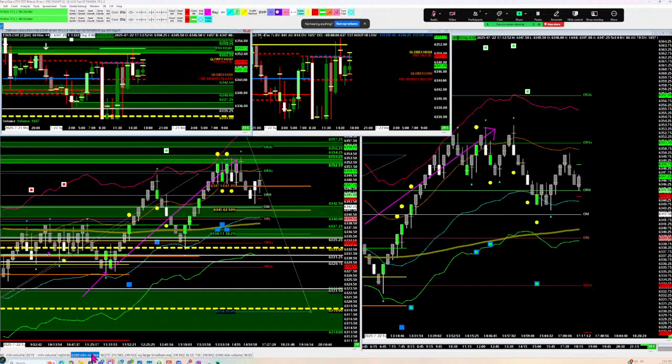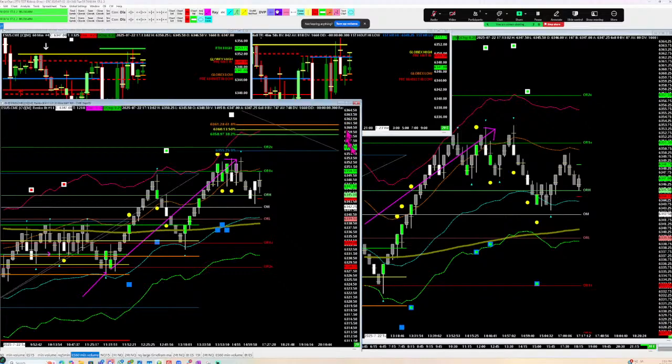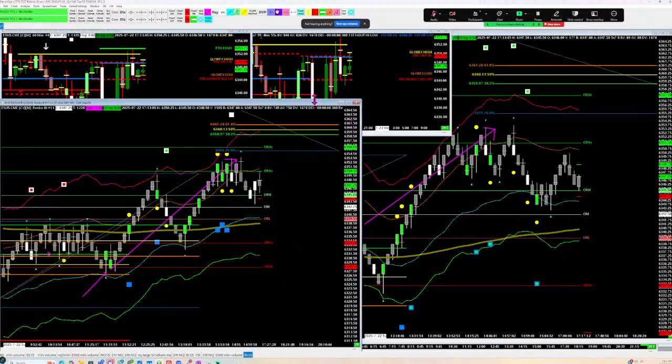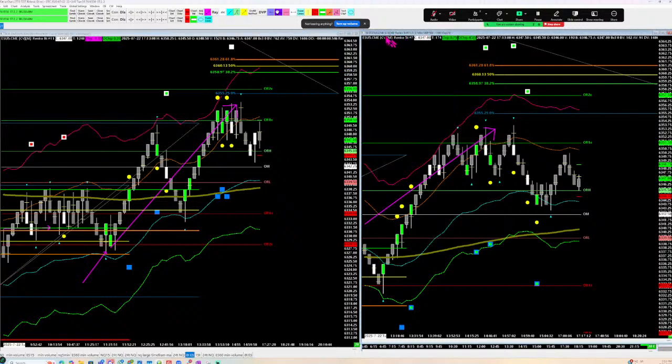Let's see, there we go. Okay, there we go. So now I'm going to have this chart. On the left I have an 8-tick chart, and on the right I have a 5-tick. As a matter of fact, we're going to take it one step further. I want a smaller stop.